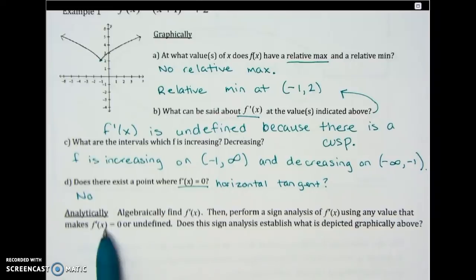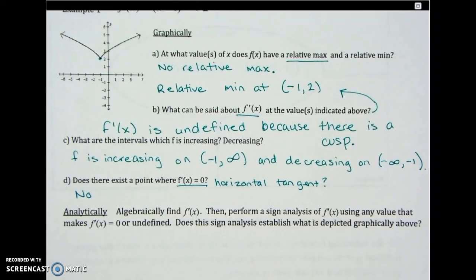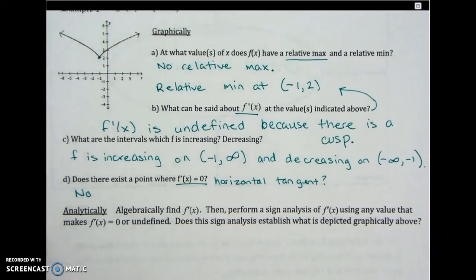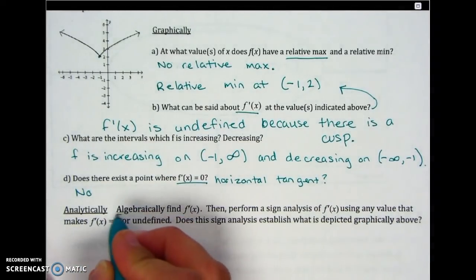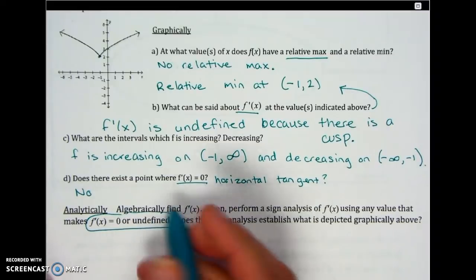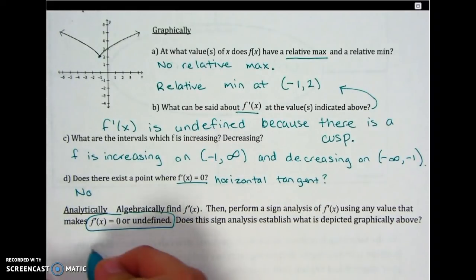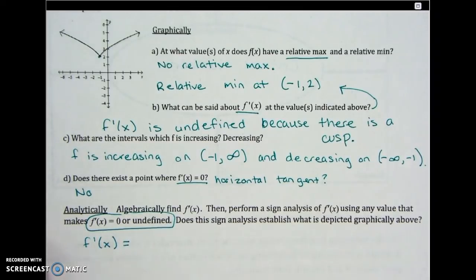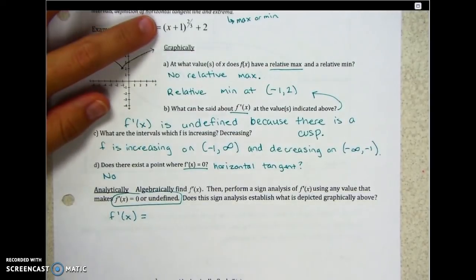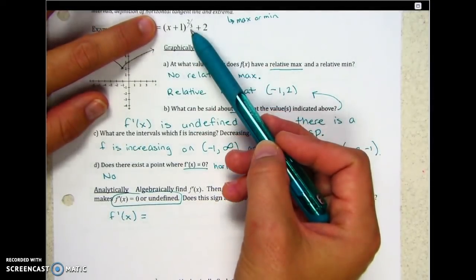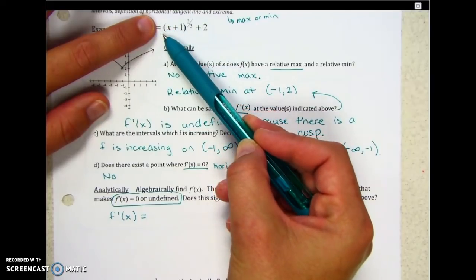Okay? Analytically, that means we're going to actually find the derivative. You ready? Algebraically find f prime, then perform the sign analysis of f prime using any value that makes the derivative equal to 0 or undefined. Ready? Get set. F prime. What rule are we going to use here to take this derivative? Chain rule, yep. So we have a 2/3 power, and we're going to bring it down in front.